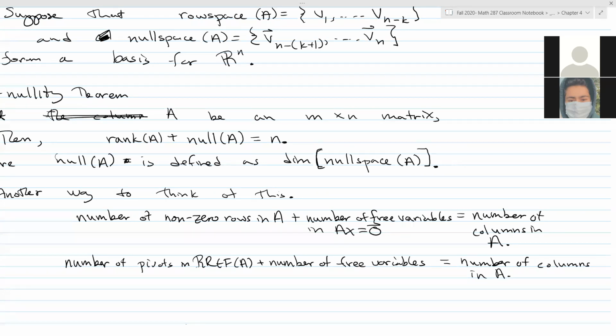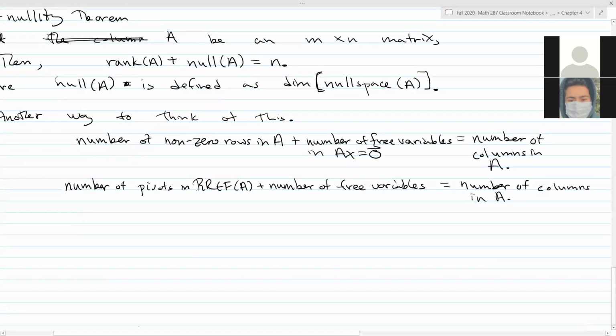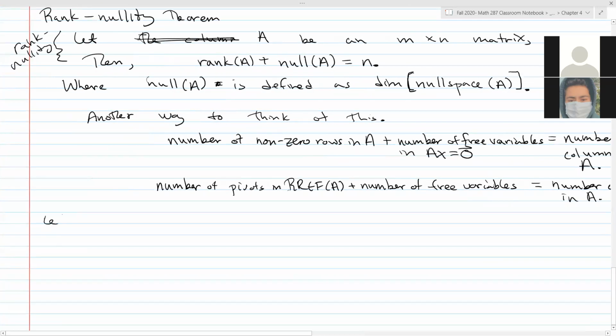You got that? So let's give an example of how we might actually use something like this. All right, we'll let A equal 1 5 9, 2 6 10.